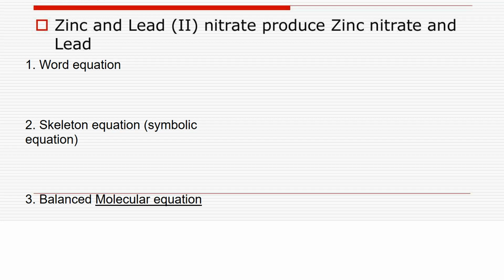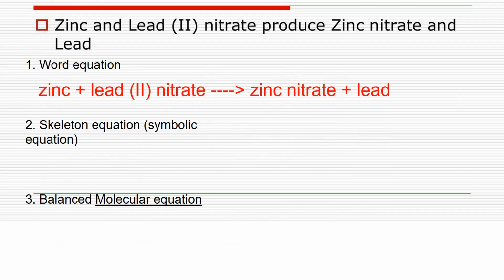So I have a prompt: zinc and lead 2 nitrate produce zinc nitrate and lead. So writing that as a word equation, I can say zinc plus lead 2 nitrate produces zinc nitrate and lead.